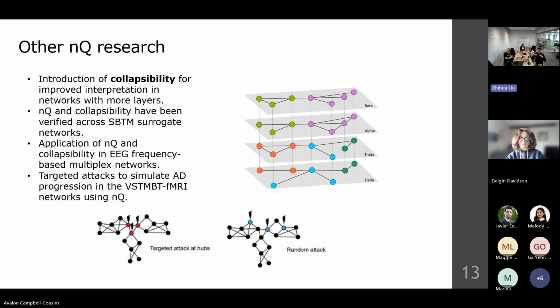So the idea being that you attack a network in some way when they're healthy, and that simulates the network that you expect them to develop to as they progress into Alzheimer's disease. And previous research had looked at attacking these based on degree-based node hubs, and we thought that nodal modularity might be a better targeting mechanism, and early research does suggest that.